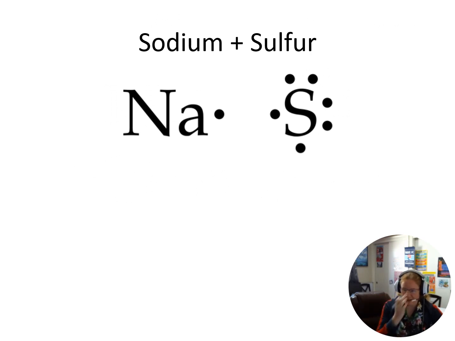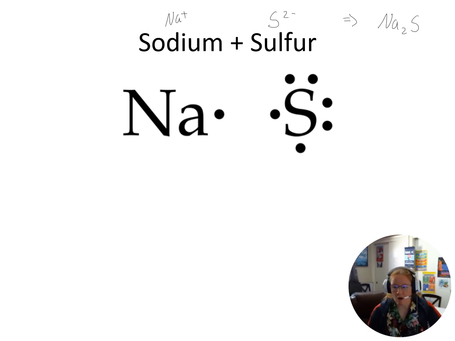All right, now what's happening with sodium and sulfur? So we know that sodium looks like that, and sulfide looks like that. When we charge balance this, we get a formula that looks like that. So how is this going to work? Well, for it all to fit together, we're going to need 2 sodiums. So we're going to do this.